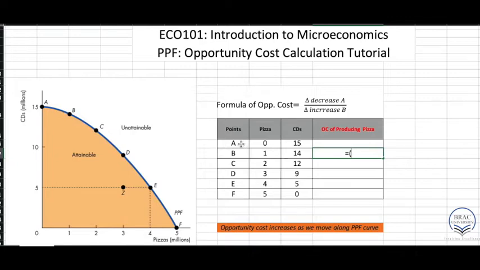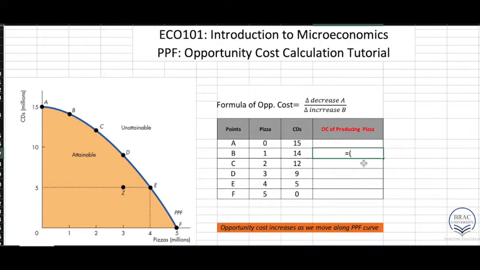If we move from point A to point B, we are going to produce from 0 to 1 pizza. Similarly, when we are moving from point A to point B, we are going to produce fewer CDs, that is, from 15 CDs to 14 CDs. Obviously, you can also see this in the graph. As we are moving from point A to point B, we are producing more pizza and fewer CDs.